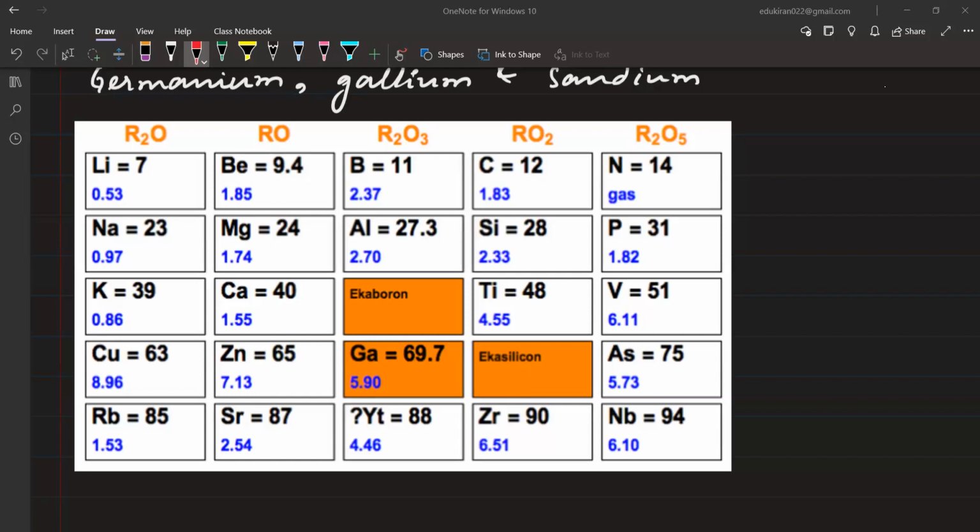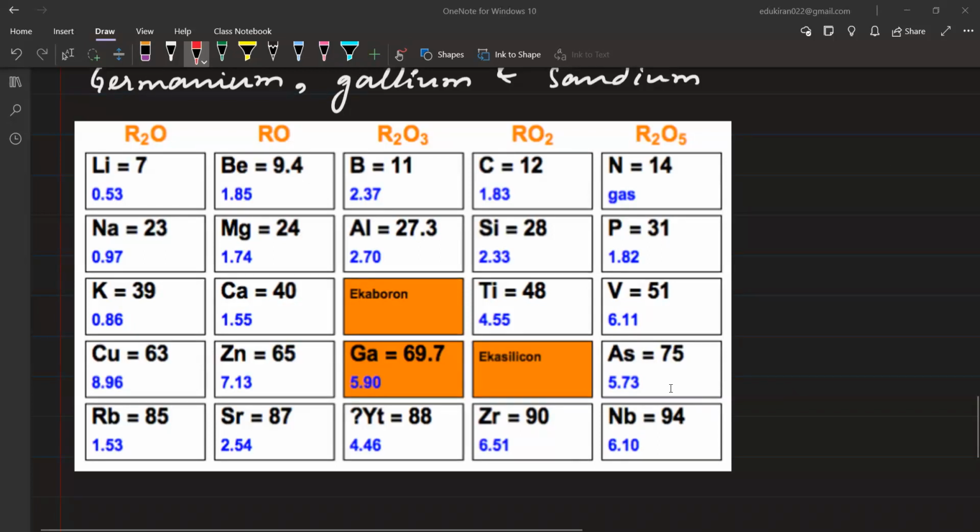So these oxides were the initial source of chemistry. I don't know whether you know Dalton's history. Dalton was also a meteorologist, so he used to study different meteors and minerals. All of these things were the initial phases of chemistry, at least for the people who were from the physics background. So you don't have to write this.